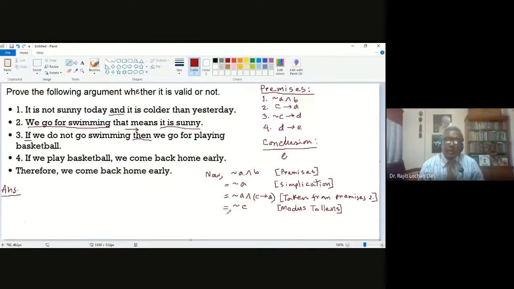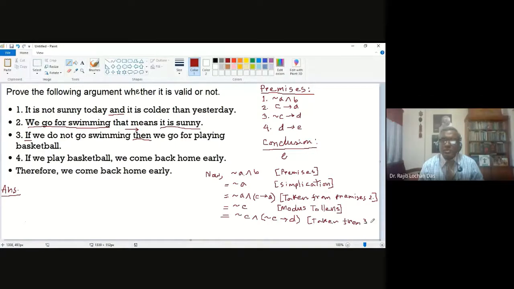Okay, now you again take another sentence, and you put "and". Another sentence is which one? Not C implies D. Again you can write, okay, taken from number 3.